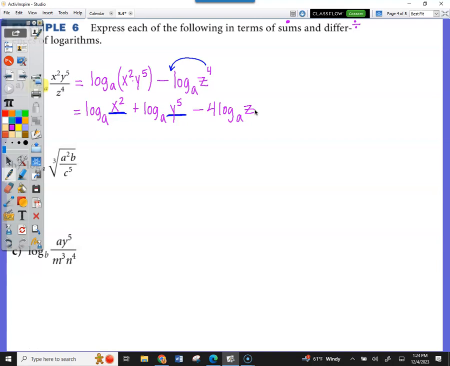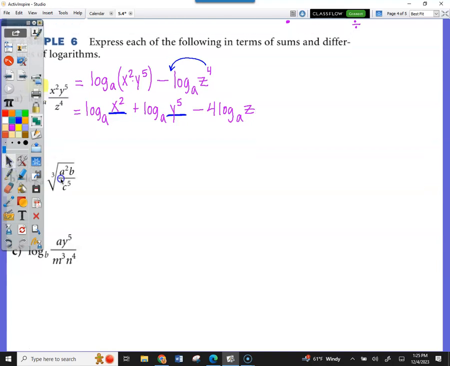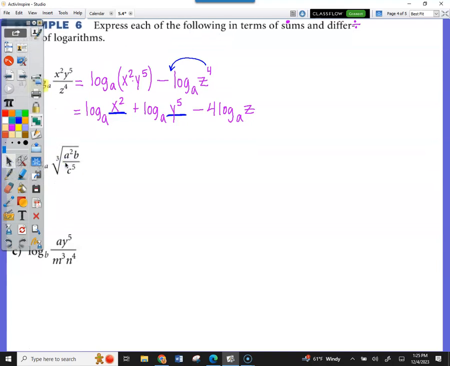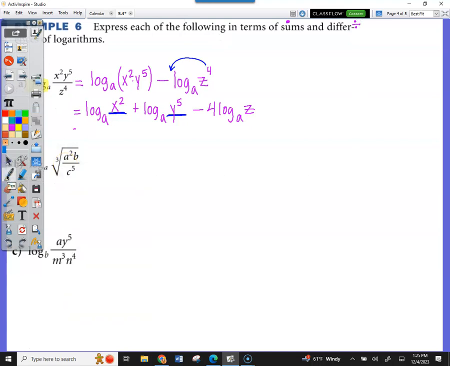Okay, now what do we do? Is it done? Not done because you have exponents in there. You can't have exponents. So now what? You're going to pull the exponents to the front of each of those logs to be a coefficient. All right. So I'm going to take my arrow and I'm going to make a note to myself. I'm pulling that forward, I'm pulling that right there, and now I'm going to write it.